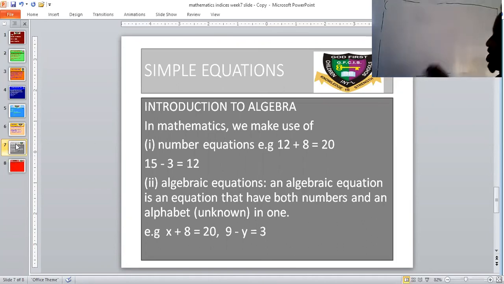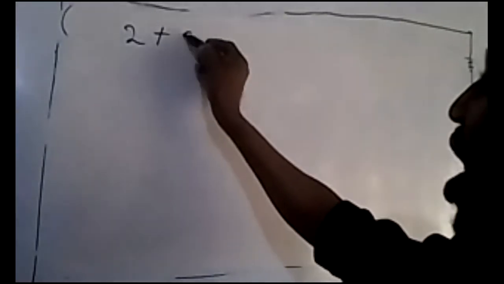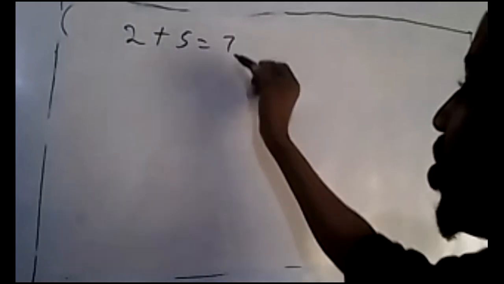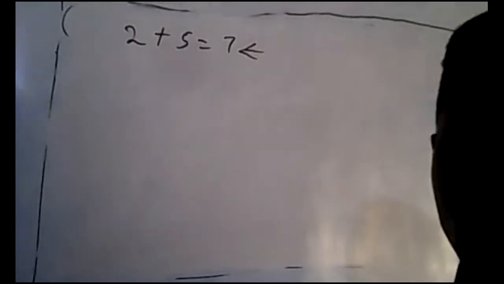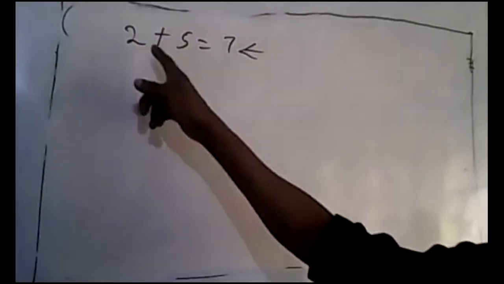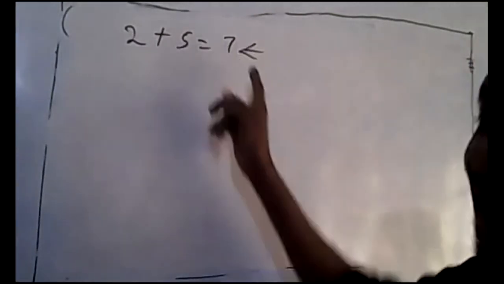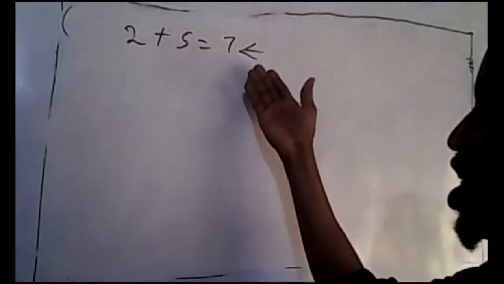Let me make you see this. If I say 2 plus 5 equals 7, now, this is an equation. Is the equation true? Yes, because actually 2 plus 5 is 7. So this equation is true.